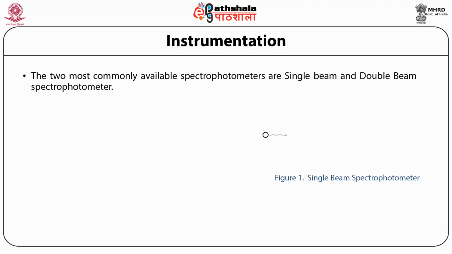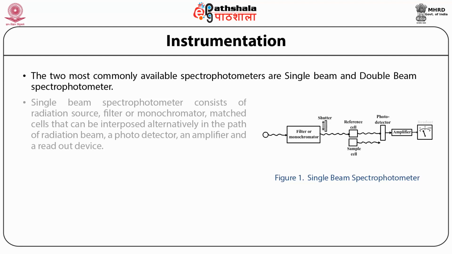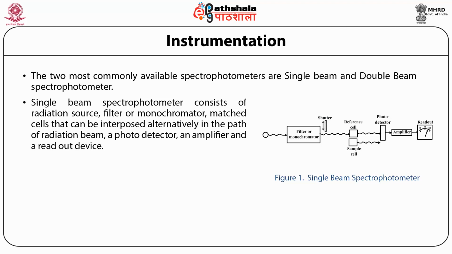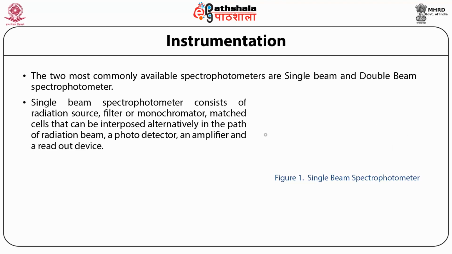The two most commonly available spectrophotometers are single beam and double beam spectrophotometers. A single beam spectrophotometer consists of a radiation source, a filter or monochromator, match cells that can be interposed alternatively in the path of the radiation beam, a photodetector, an amplifier, and a readout device.